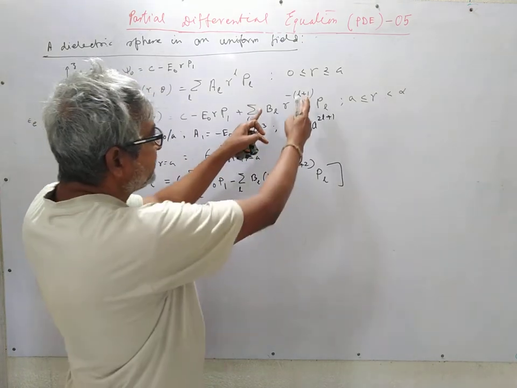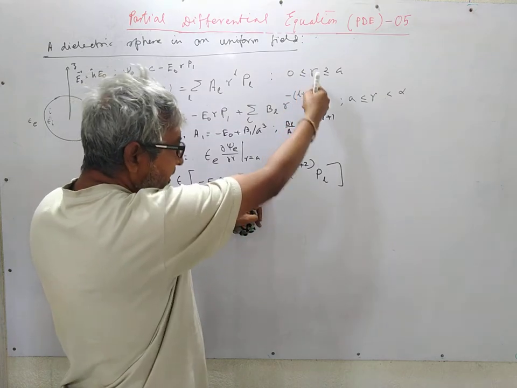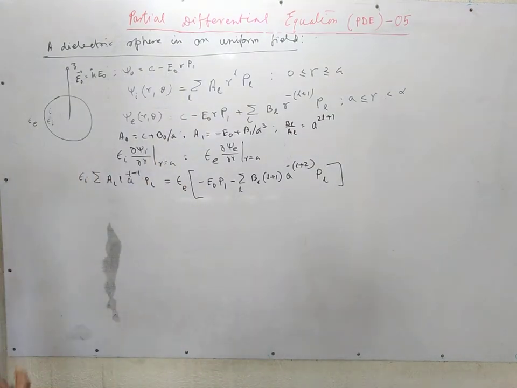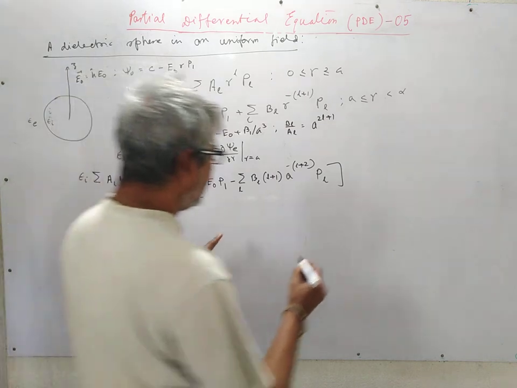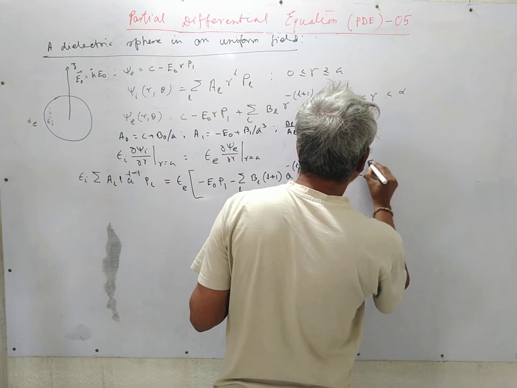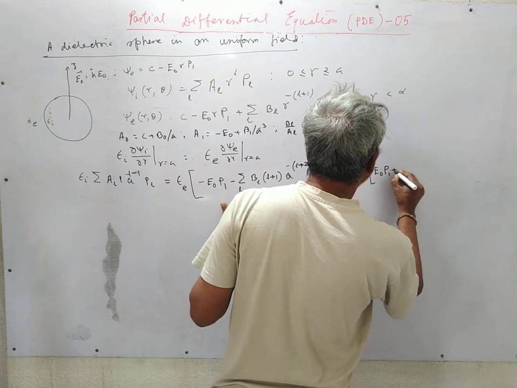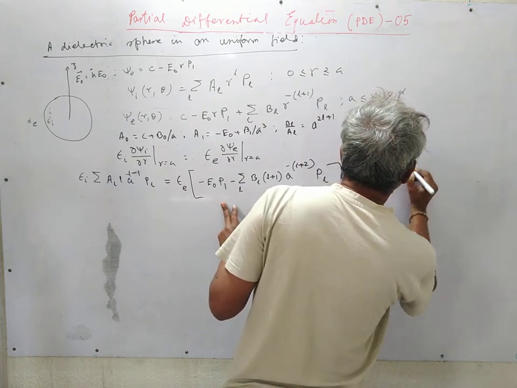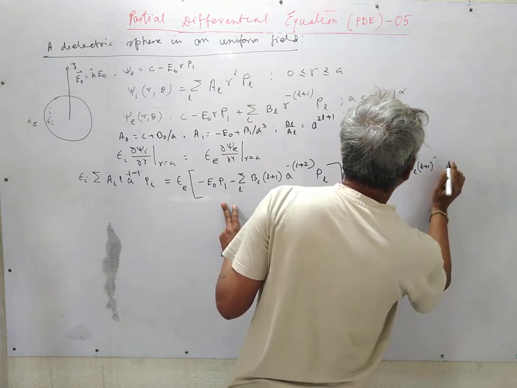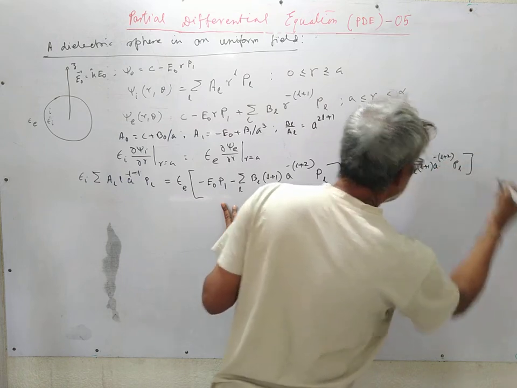And if we differentiate, this one is minus L plus 1 BL r to the power minus L plus 2 at r is equal to A. This becomes E0 P1 plus summation over L BL L plus 1 a to the power minus L plus 2 PL.